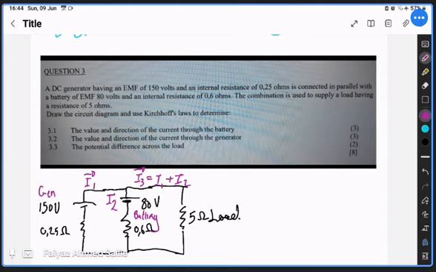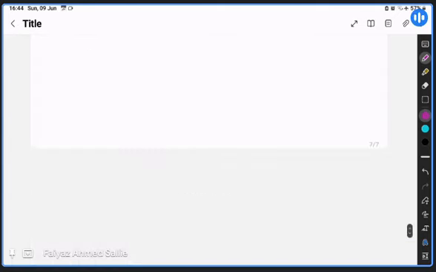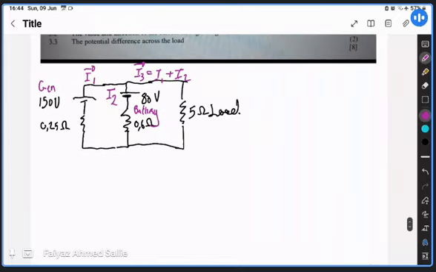Okay, so how are we going to solve this question? It's basically doing Kirchhoff's law, so we're going to break it into steps. The first step, redraw the diagram. You don't have to redraw it, but I like to redraw it because that's the method I use. It takes quite a little time, but you understand better and hopefully get a mark for drawing those diagrams.